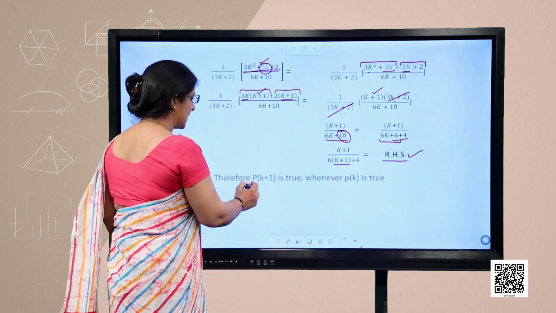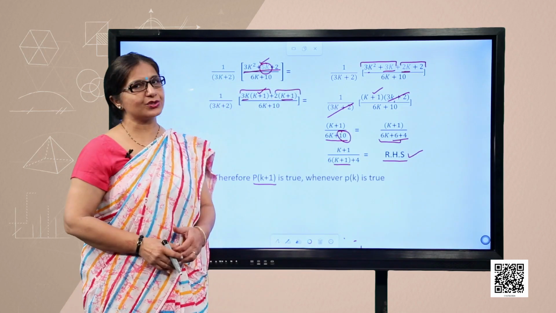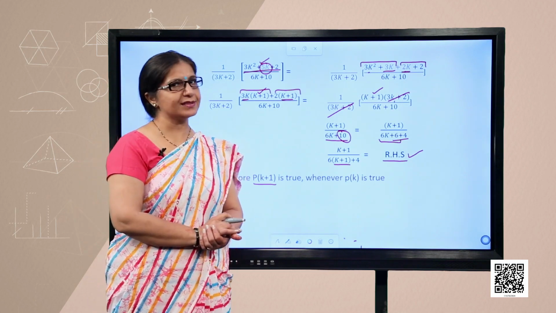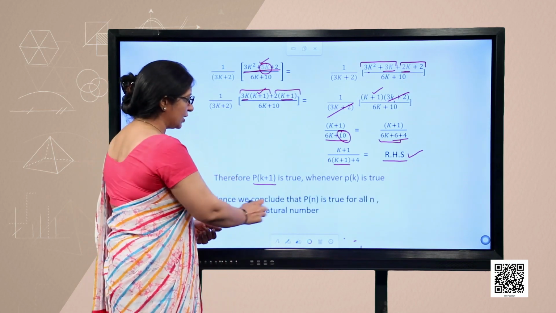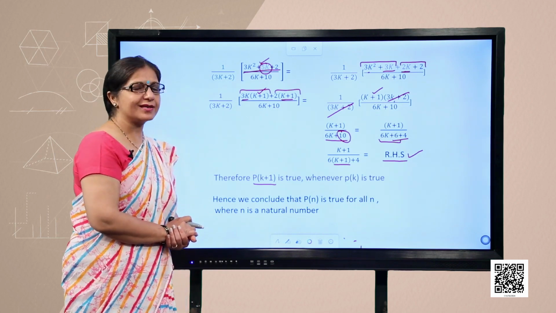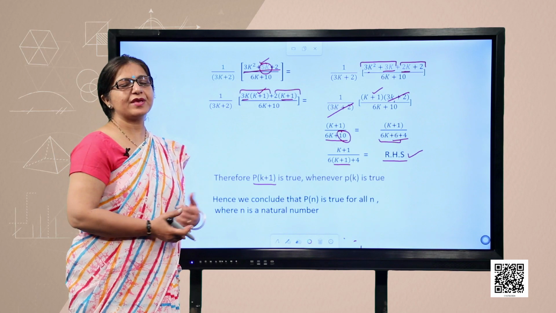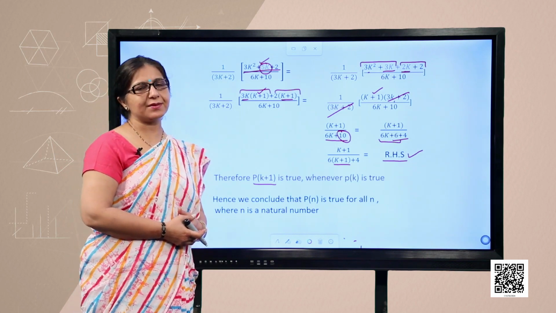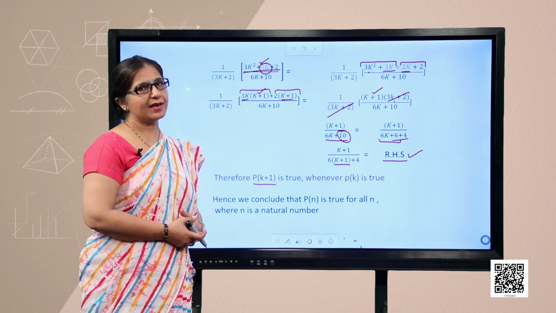Therefore, we can say P(k plus 1) is true whenever P(k) is true. And we conclude that P(n) is true for all n where n is a natural number. This way we can prove any mathematical statement by using mathematical induction.